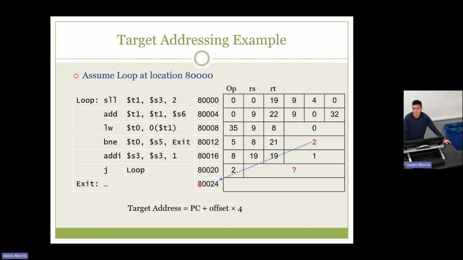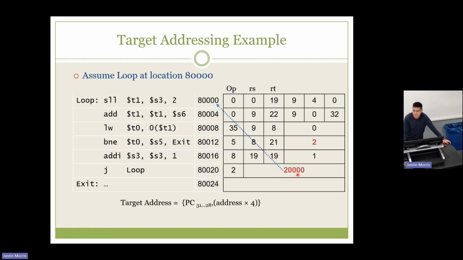But PC plus 4 is not going to change the top 4 bits of PC, right? It just changes the bottom parts. So it doesn't really change what I'm going to put here. But I need to make sure that the bottom bits become the equivalent to make this my new PC address.